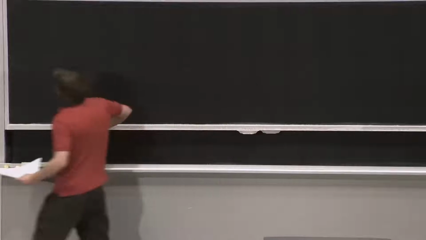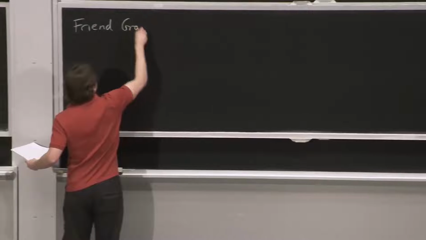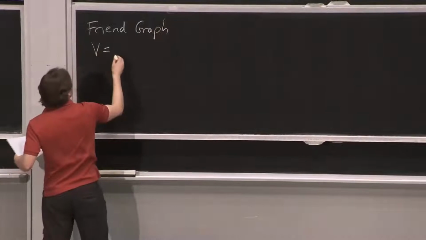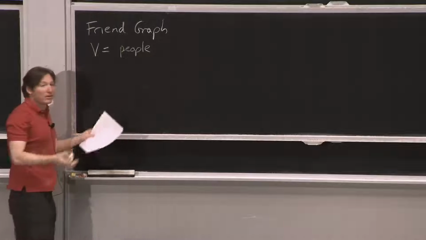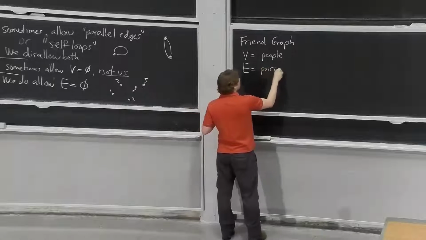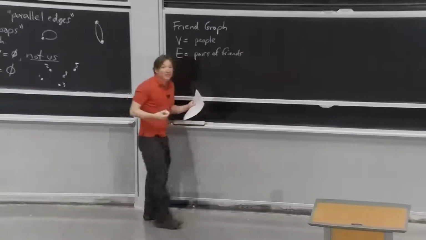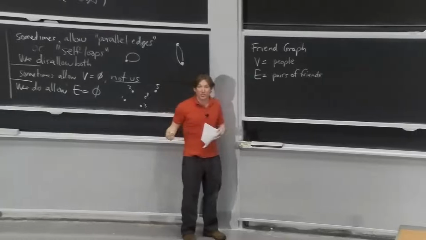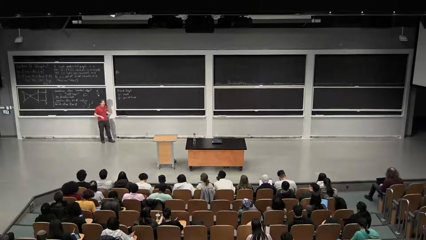The friend graph: the vertices are going to be the set of people. Each person is a vertex. The set of edges is pairs of friends. Now, I'm making an assumption here that friendship always goes both ways. If I'm friends with you, then you're friends with me. No unrequited friendships here.